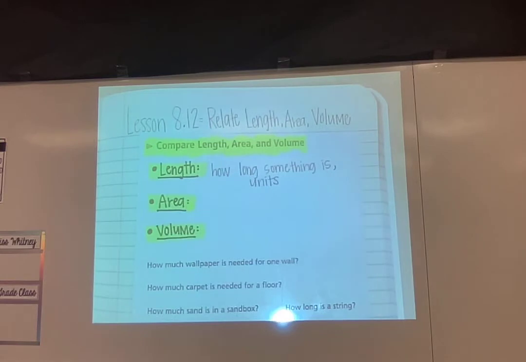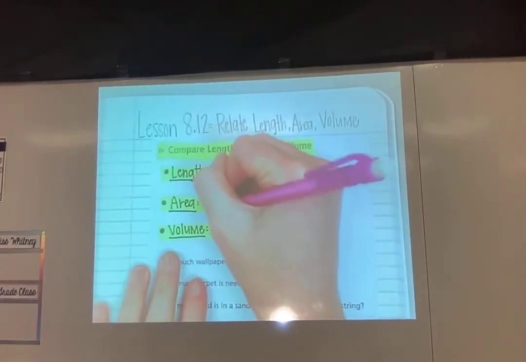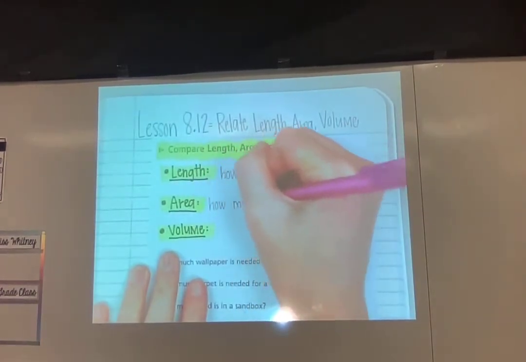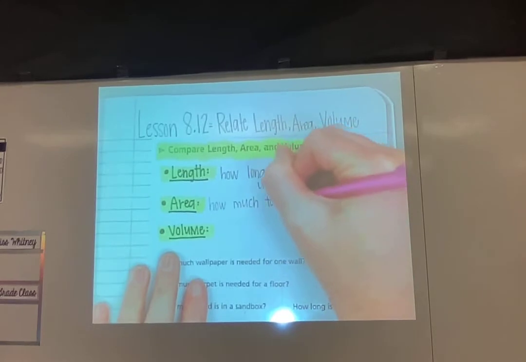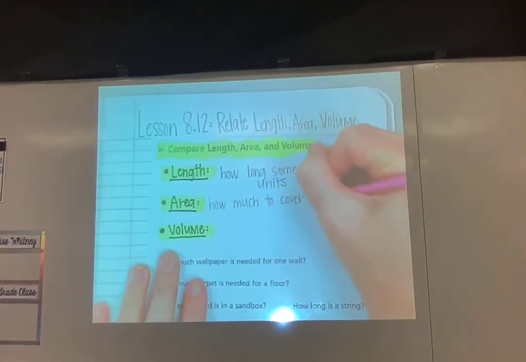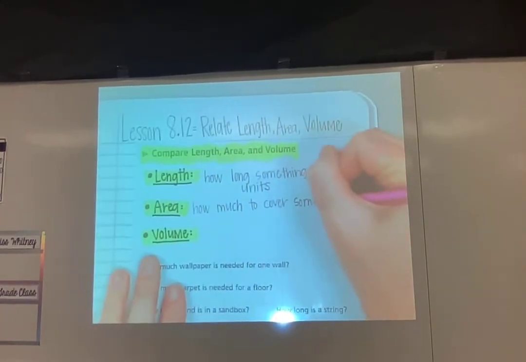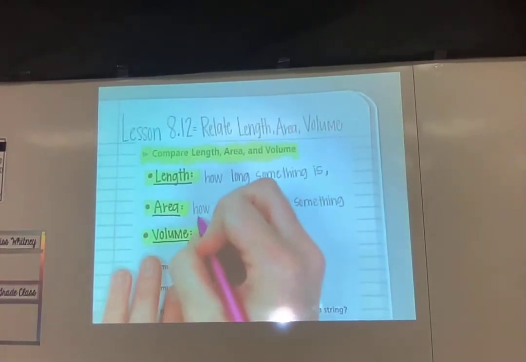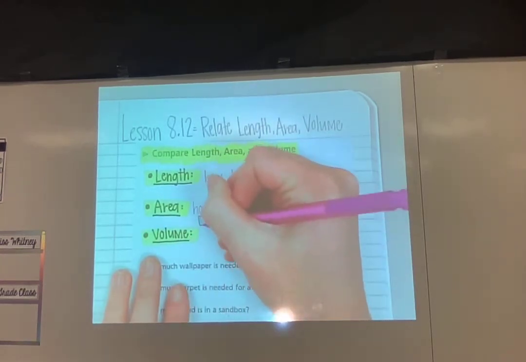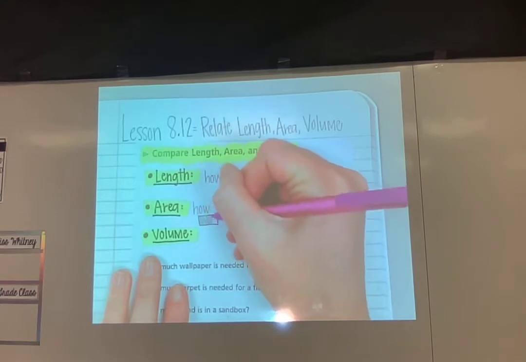Area means that I'm measuring how much it would take to cover something. And I'm going to draw a picture with this one because this one's a little bit harder to understand. If I want to know the area of, let's say, a rectangle, I am measuring how much it would take to cover the inside of that rectangle.